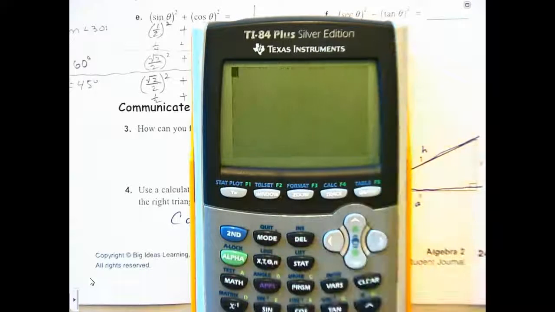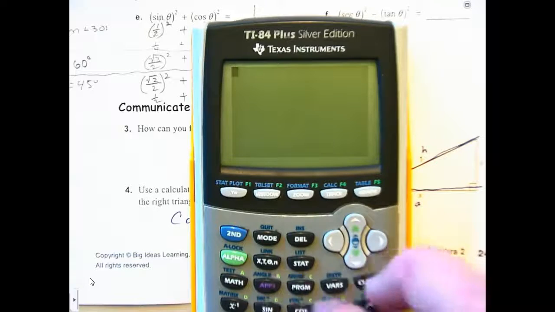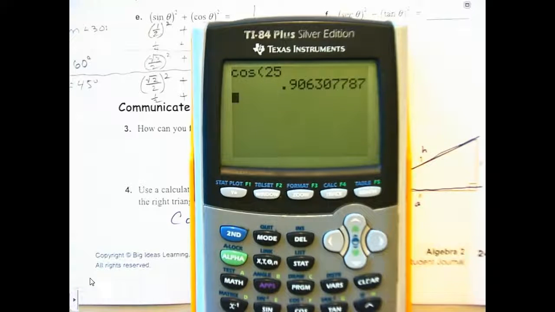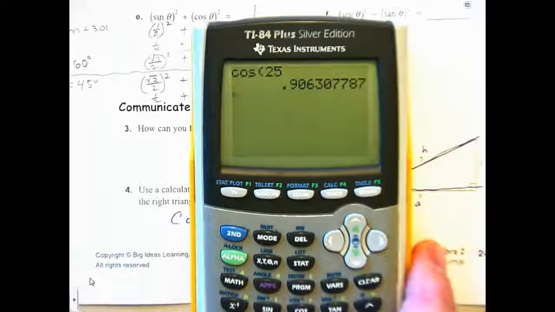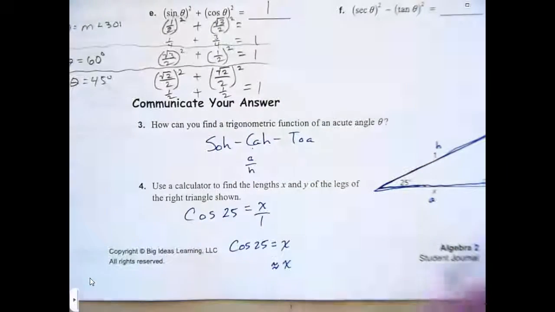Make sure it's highlighted. Now, I will tell you when geometry is using my graphing calculators or algebra, they're all in degrees right now. Okay? Eventually, you're going to move to radians, but when I do cosine of 25, 0.91 if we round.